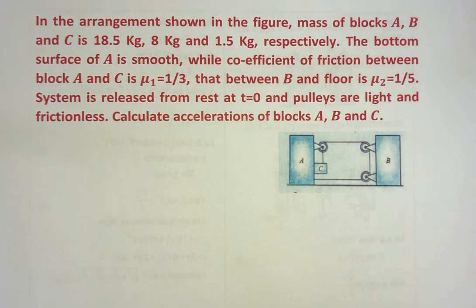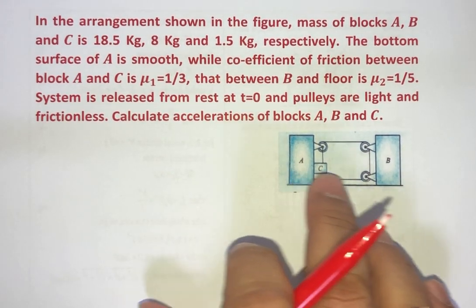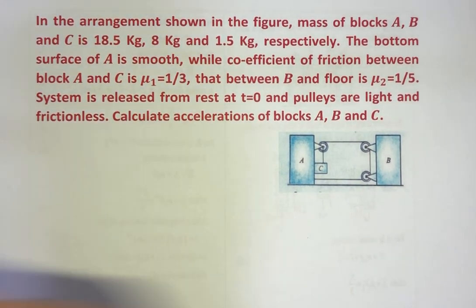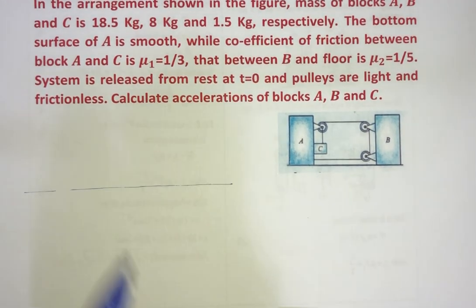So first of all, let's derive the constraint relationship between the accelerations of all three blocks. For this, let us draw the block diagram again.